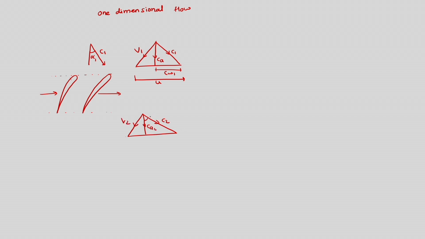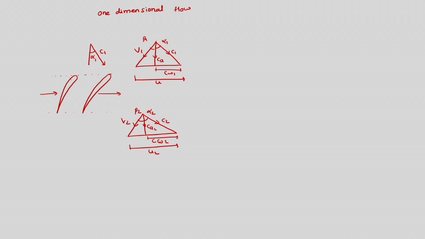Then we drew the velocity triangle like this, where this was C1, this was CA, this was V1, this would be CW1, and this complete would be U. Similarly, at the outlet we drew the velocity triangle, where this was C2, this was CA2, this was V2, and we knew the angles as alpha 1, beta 1, alpha 2, beta 2. So this was CW2 and this was U2.